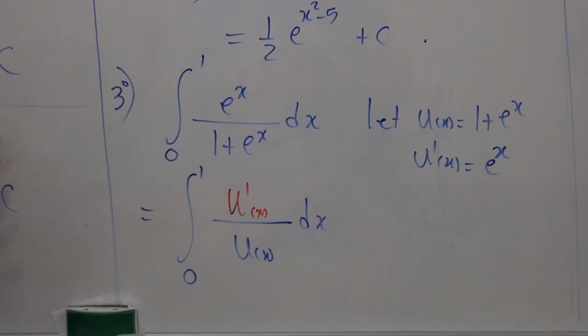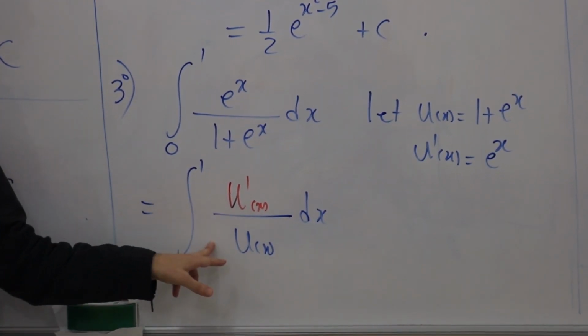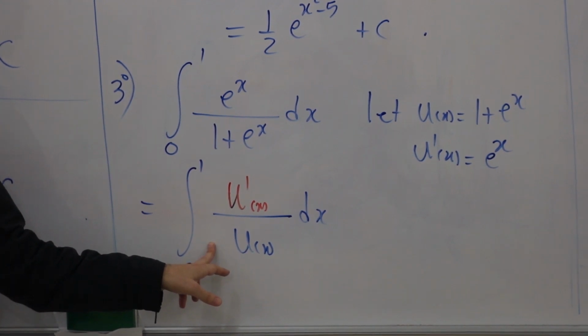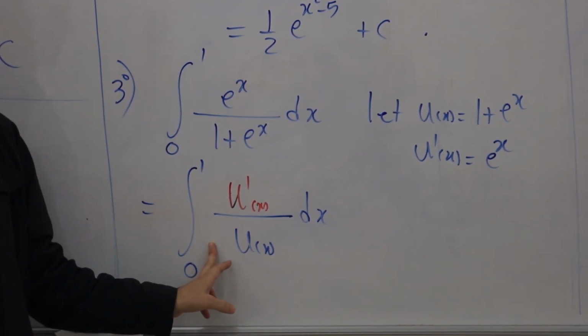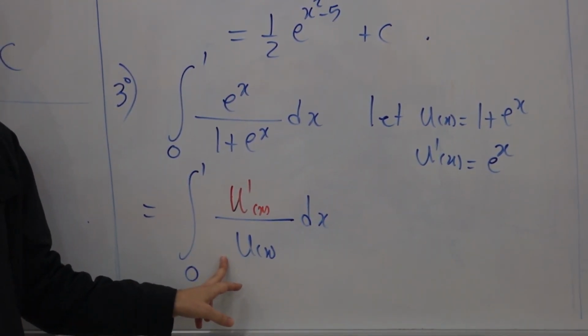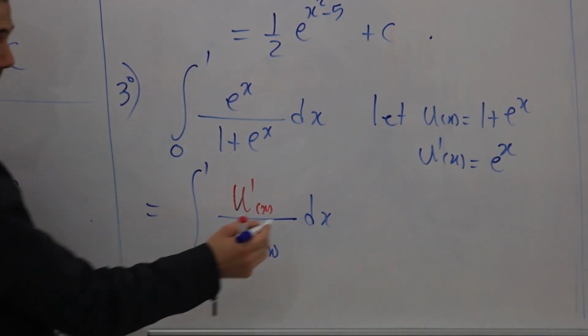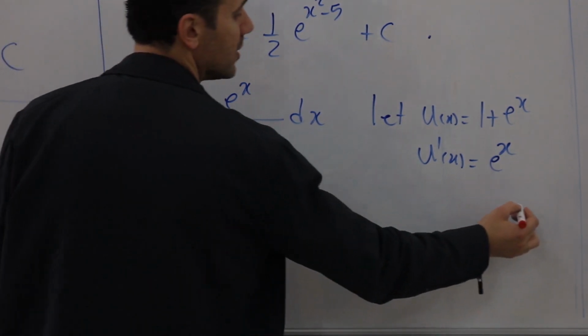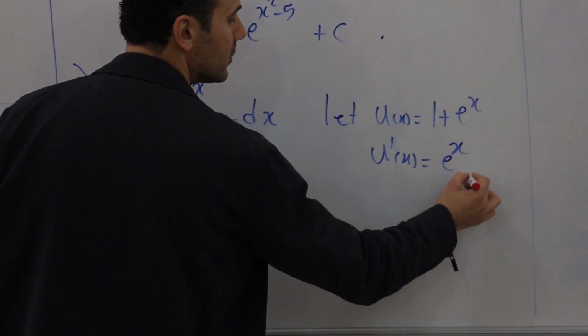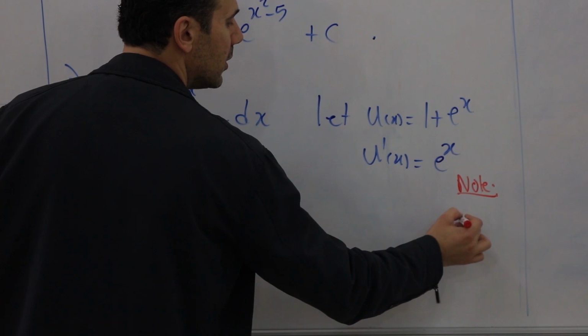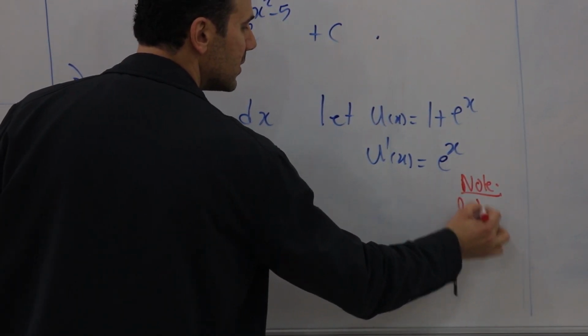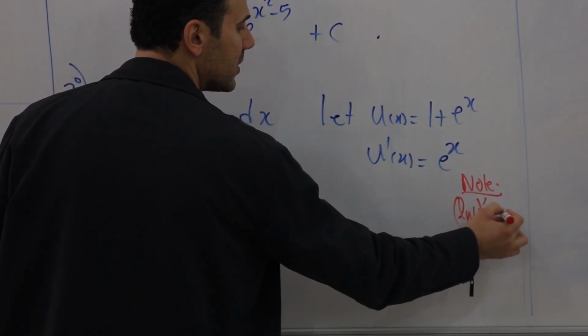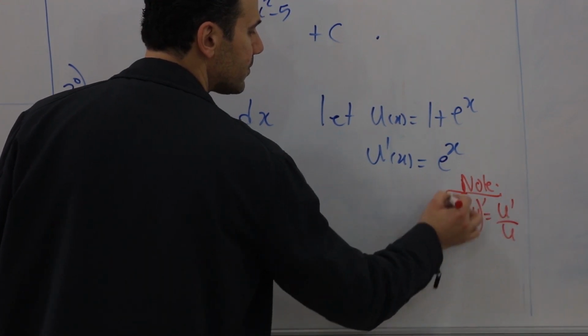And as you know, this reminds us of what? What function do we know from the previous chapter whose derivative is u prime over u? Yes, it is the logarithmic function, ln u. Let me remind you of this. Recall, note, ln u has derivative u prime over u.